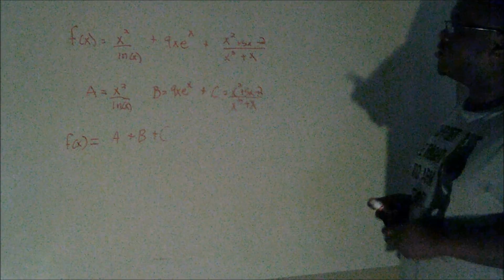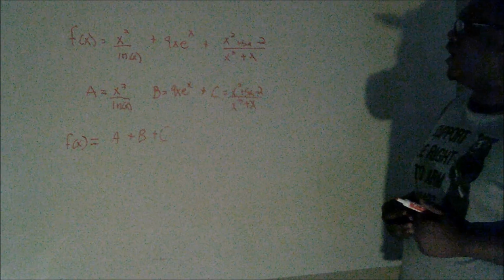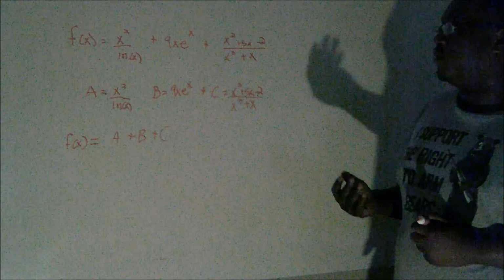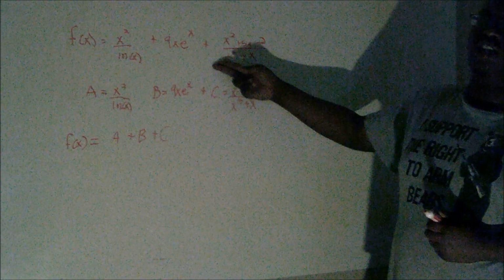You can do the substitution method if you have a longer problem like this. It actually makes it very easy for you. It's a lot easier, in my opinion, to take the derivative of a function when it looks like this versus when it looks like this.